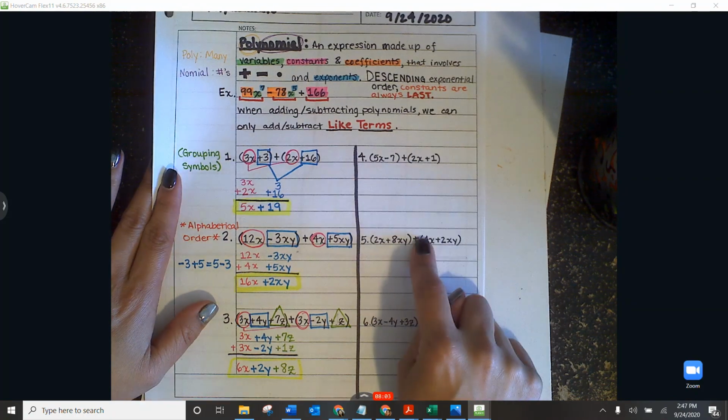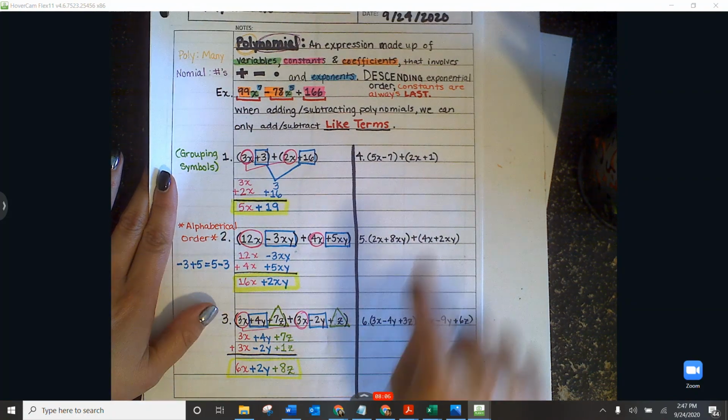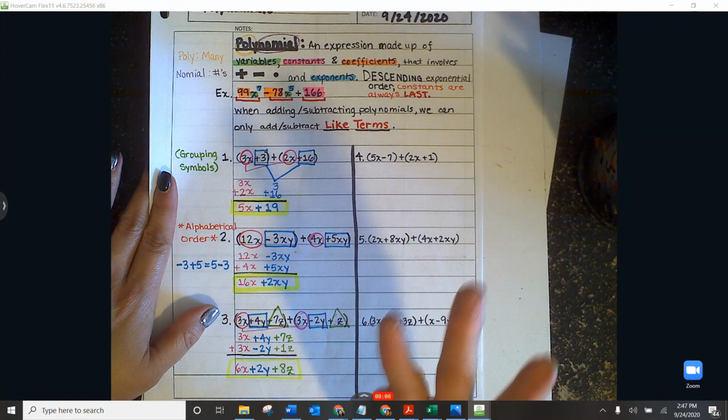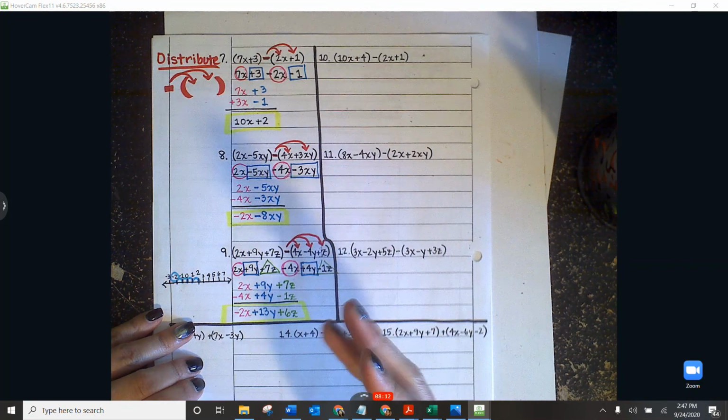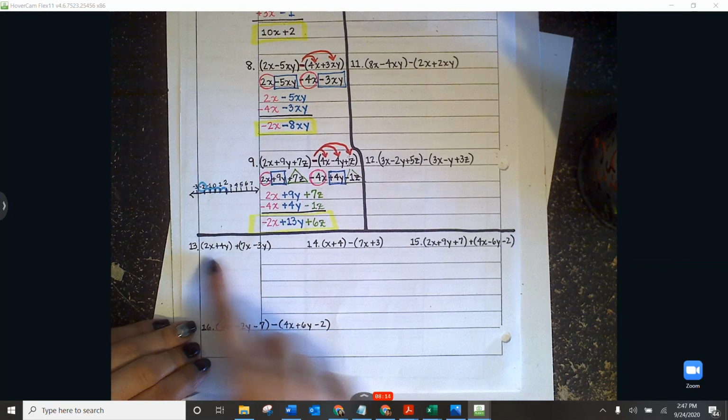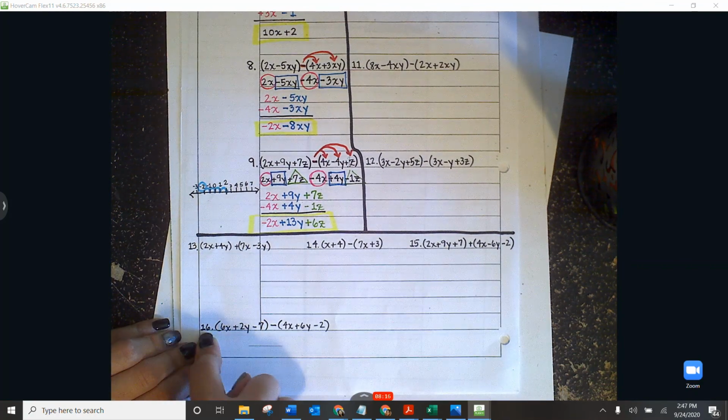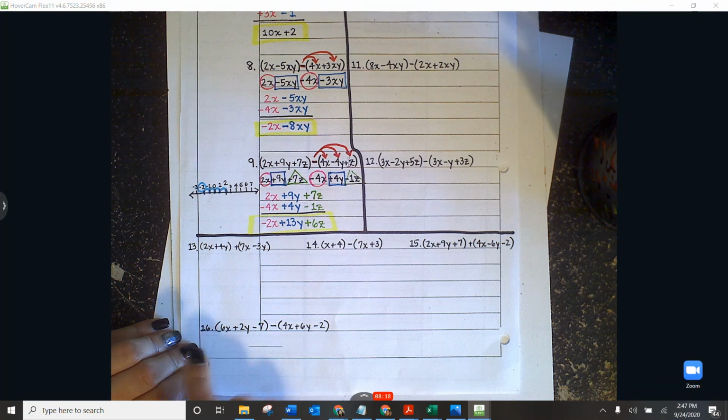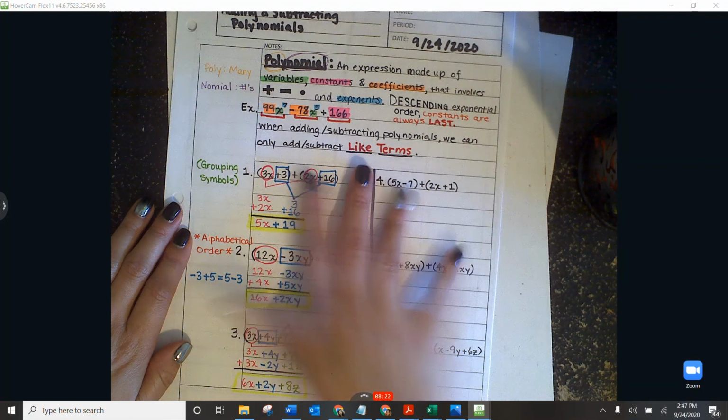Okay, please be very careful. You also have numbers 4, 5, and 6 to do on your own. So you have 4, 5, 6, that's 3 problems. And then 10, 11, 12, that's 6 problems. And then 13, 14, 15, 16, that's 10 problems to do on your own.